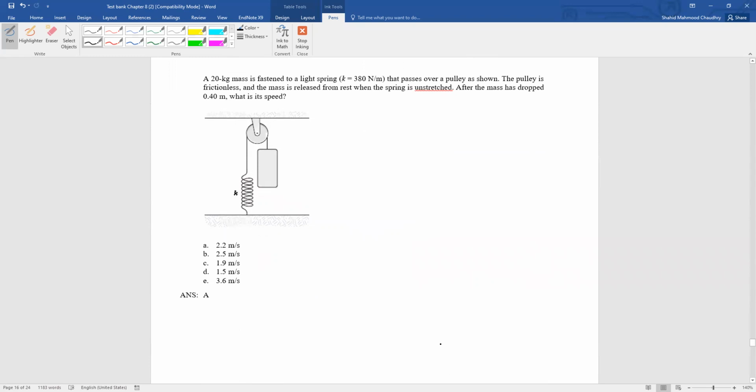So in this problem, the same situation exists, applying the law of conservation of energy. Okay, let's see this problem.